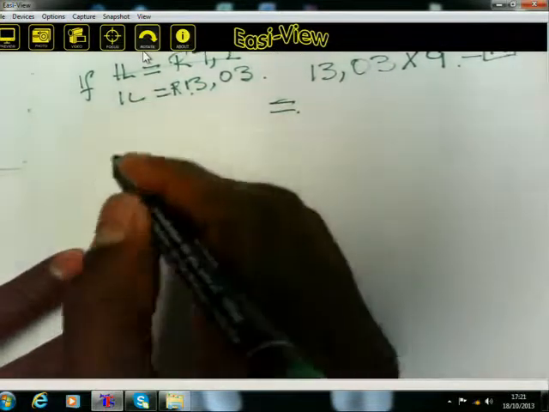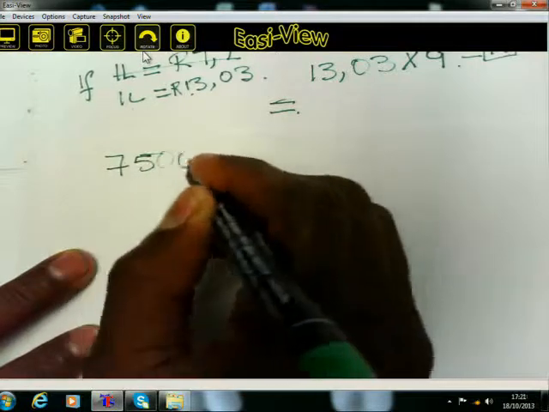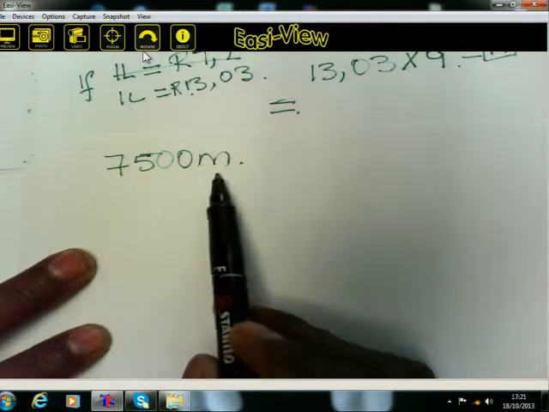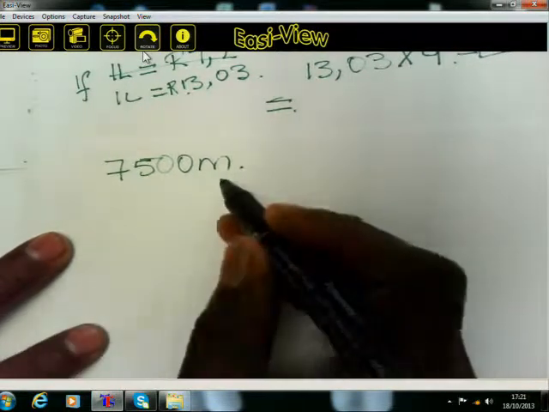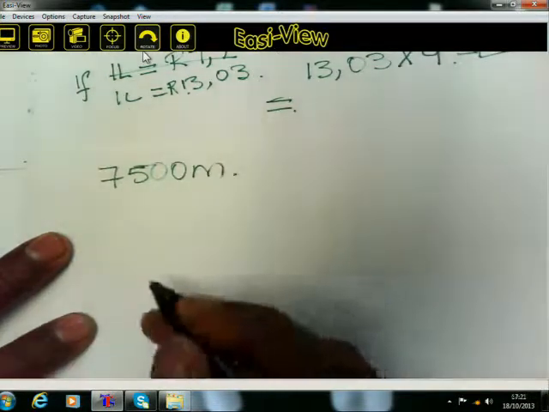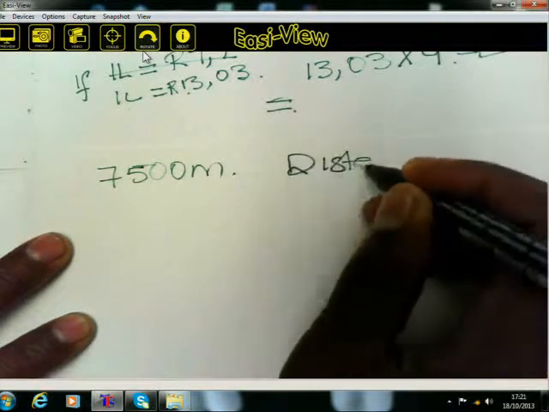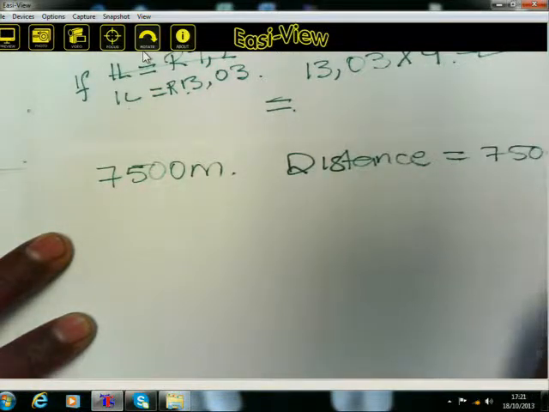If, for example, an athlete Thabo ran for 7,500 meters, this is our distance. Distance equals 7,500 meters.